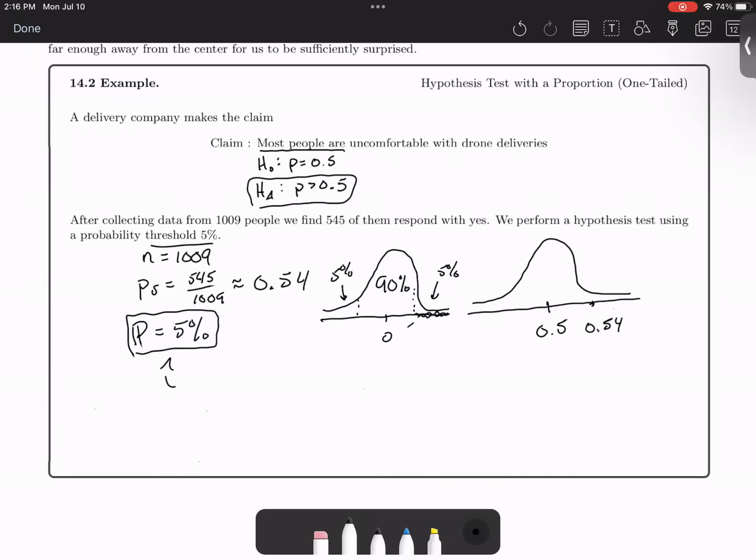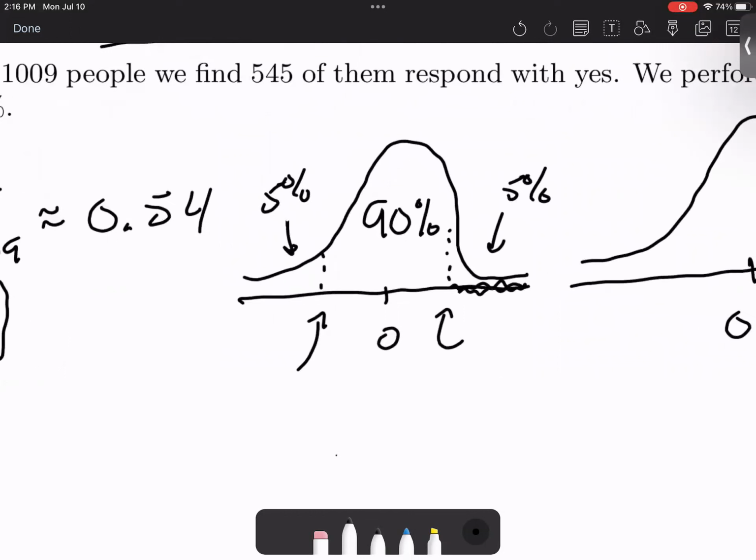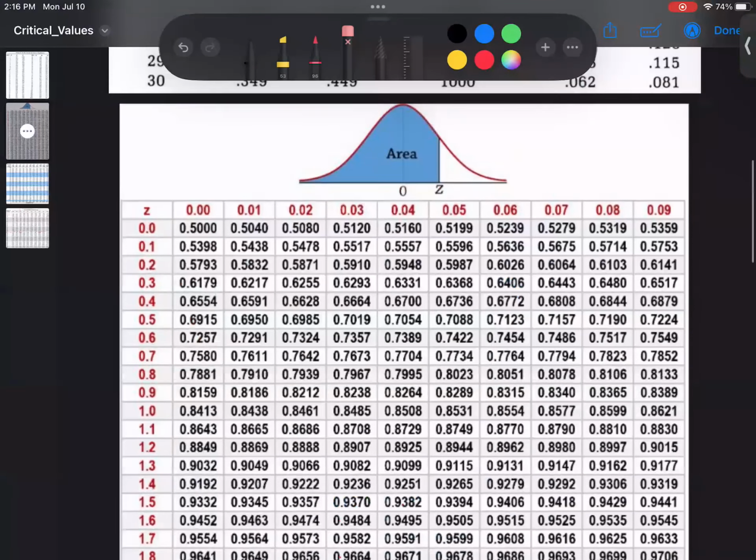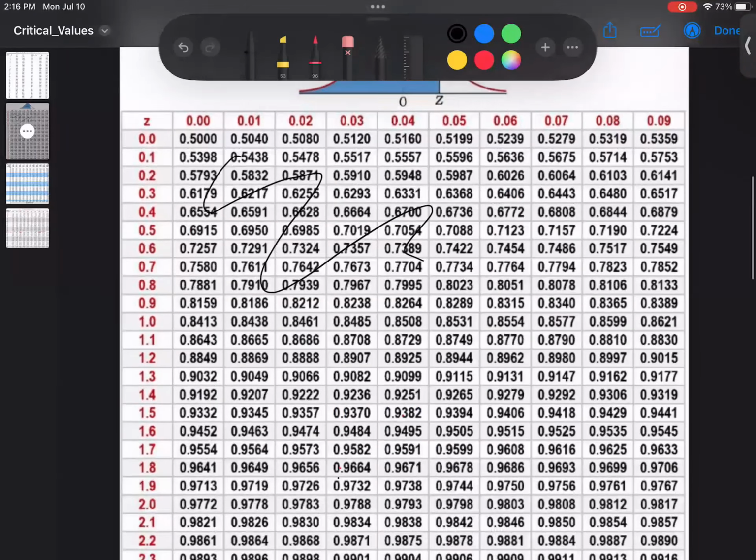So let's figure out what these points are. What are the z-scores that give me 5% in my tails? Remember, your z-score table has areas to the left of positive z-scores. So if I think about that positive z-score right there, it has 5 plus 90 up to it. So 95% of the area is to the left of that. Here's my z-score chart, and I need to find a probability of 0.95.